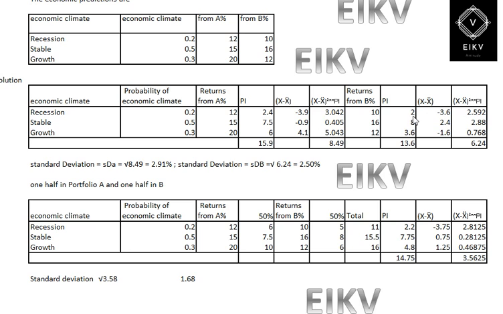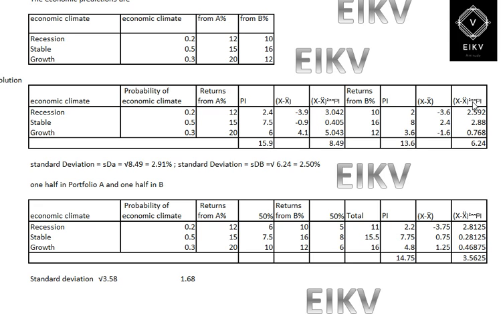X minus X bar will be, X will be 10, so 10 minus 13.6 will give you negative 3.6, 16 minus 13.6 will give you 2.4, and 12 minus 13.6 will give you negative 1.6.